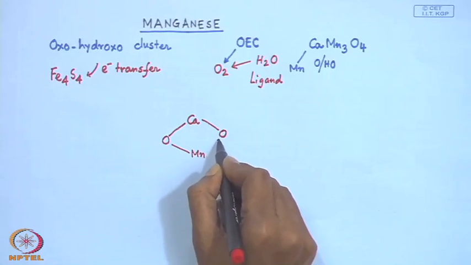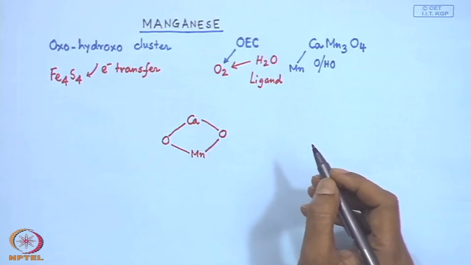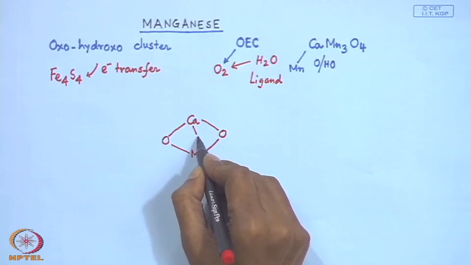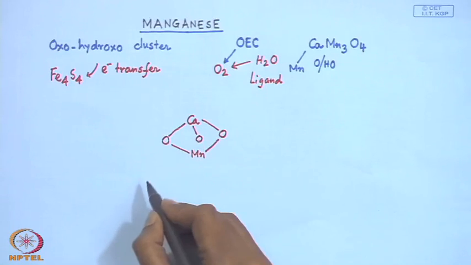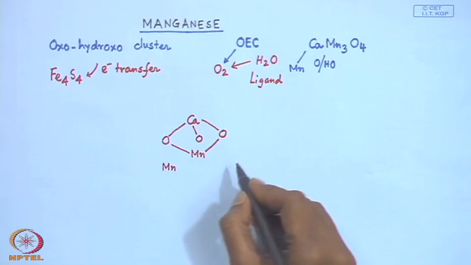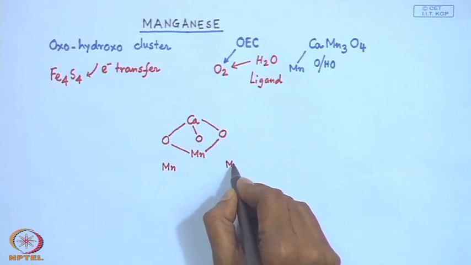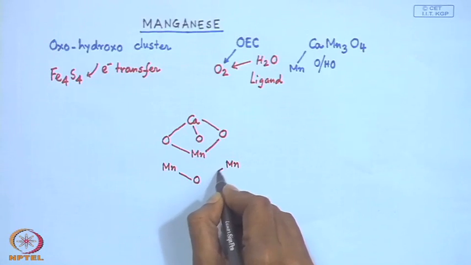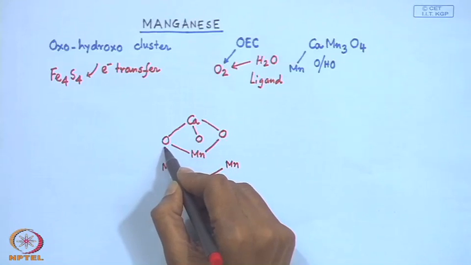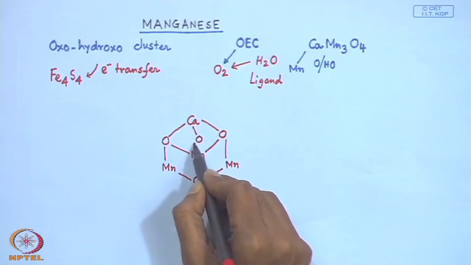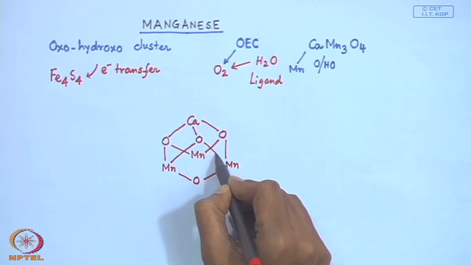If we have some connectivity pattern like this, and this calcium is highly distorted in nature, and we have 2 more manganese at these 2 points, sometimes we call it a distorted adamantane structure.